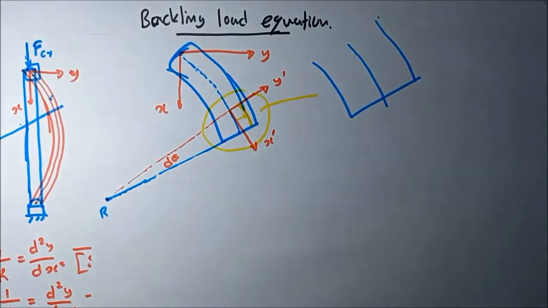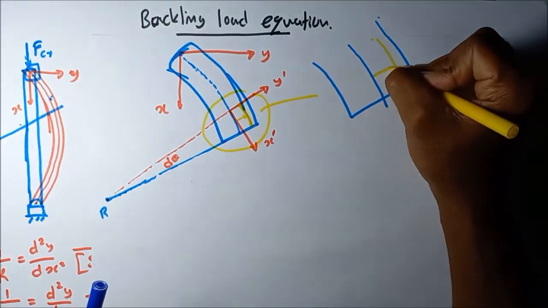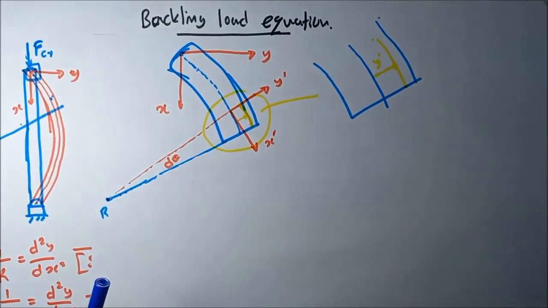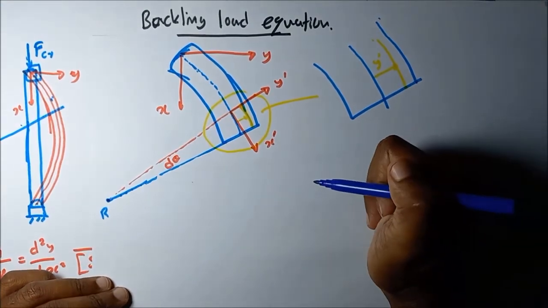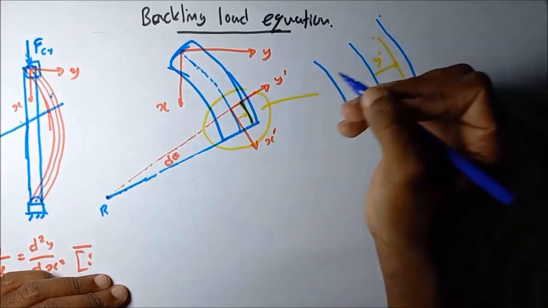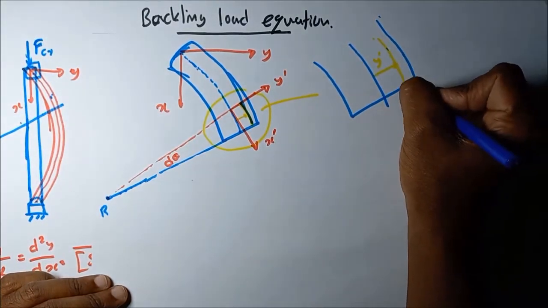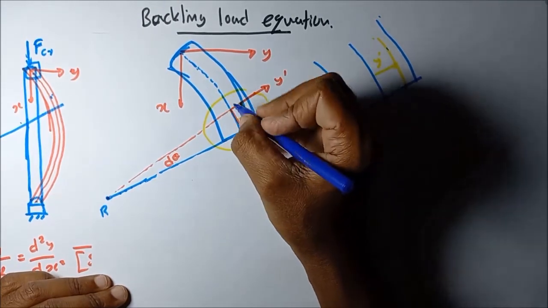Let's take another layer which is y dash distance from the neutral layer. We already know on the neutral layer there's no compression or tension. So then we are going to find the strain developed in this layer. How to calculate that one?